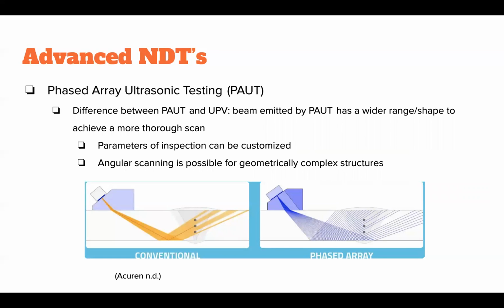Phased array is similar to ultrasonic pulse velocity because a beam measures the speed of sound waves passing through the medium to determine its elastic properties, except as shown in the picture below, this method can achieve a more customized scan. Phased array makes angular scanning possible for geometrically complex structures, allowing for a more thorough scan compared to conventional ultrasonic testing.